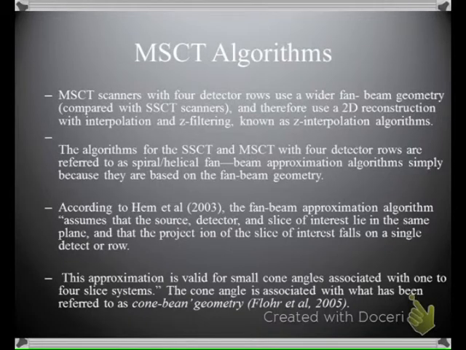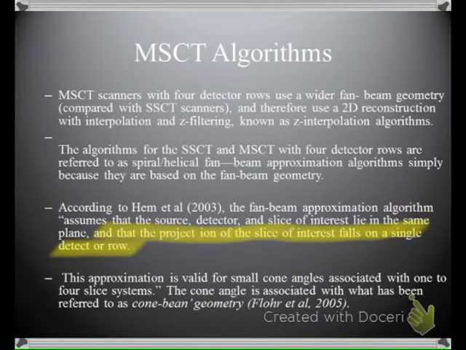And basically, this approximation algorithm assumes that the source, detector, and slice of interest all lie in the same plane, and that the projection of the slice of interest falls on a single row of detectors. So this presumes that the X-ray beam is going to fall on one single row of detectors.